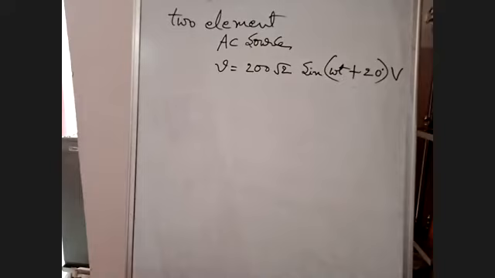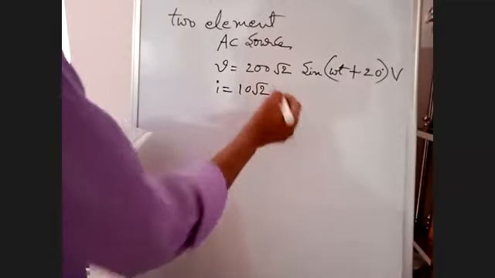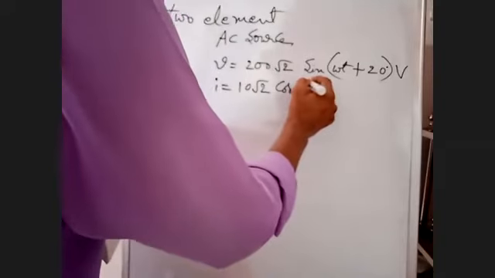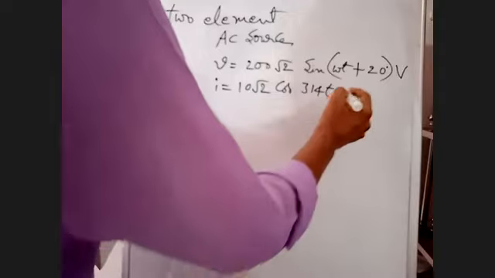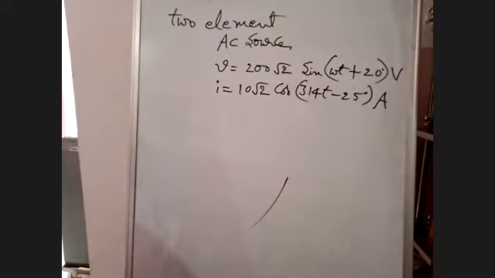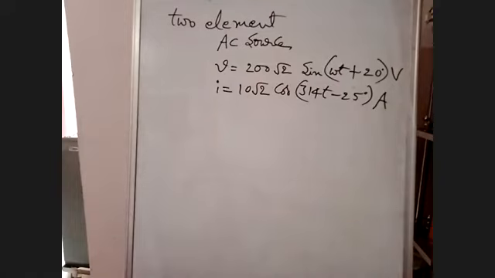The current in the circuit is given. Determine the parameters of the circuit.